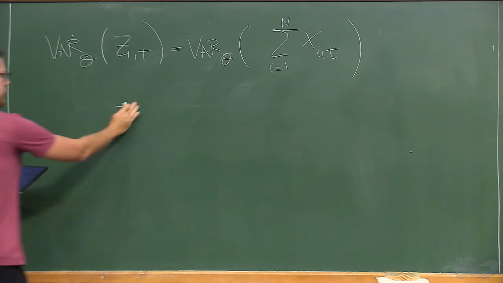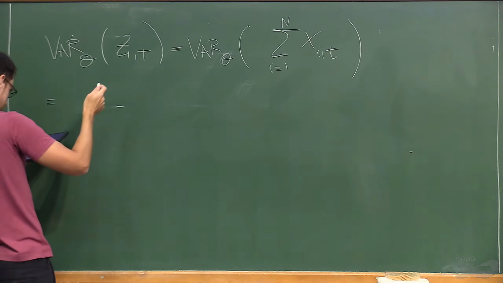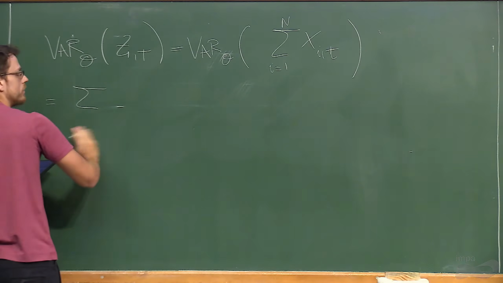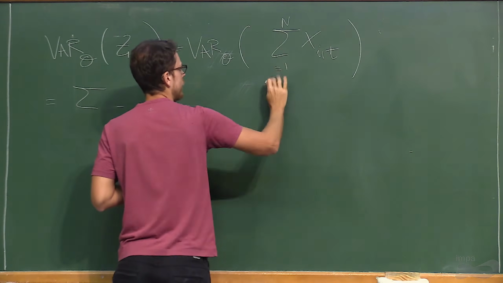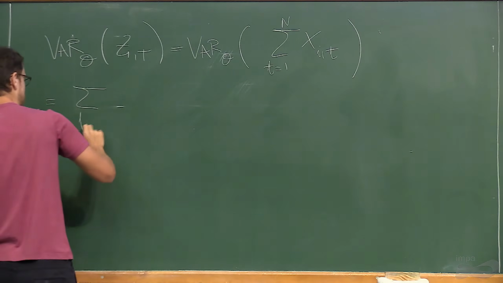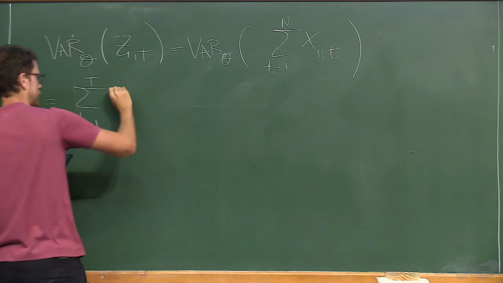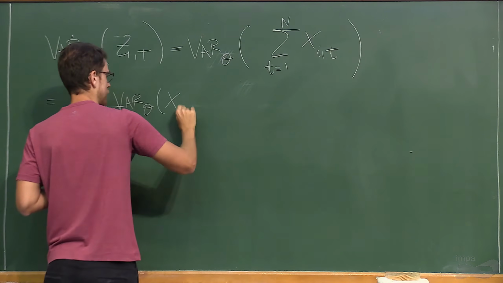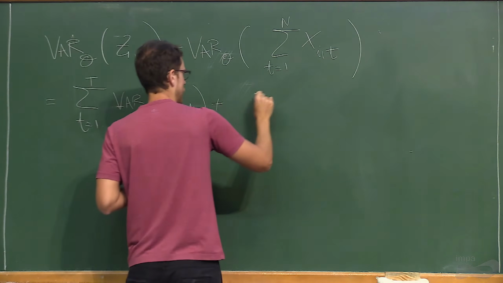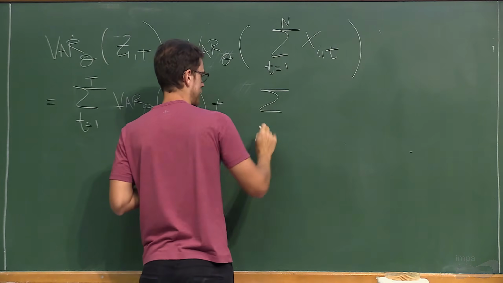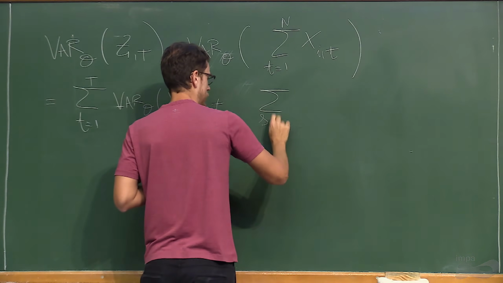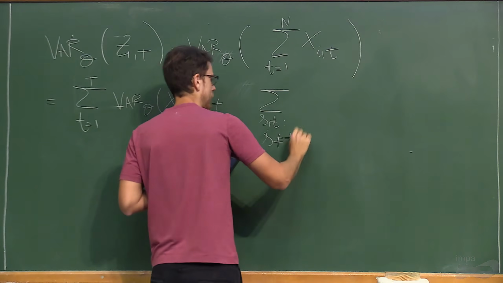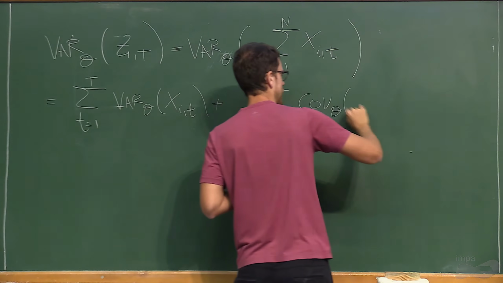I use that the var of the sum is the sum of the variances plus the covariances, here t, and here, for S and T that are different, the conditional covariance.